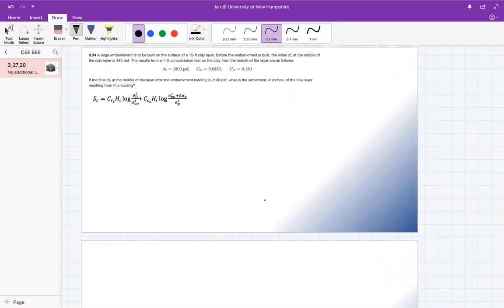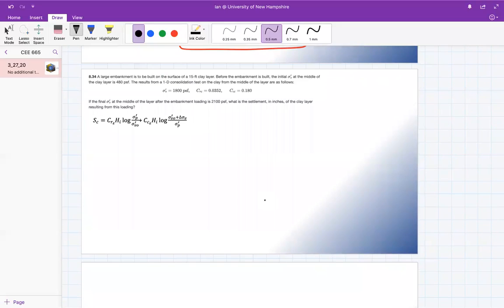So now we're going to do a little bit more settlement calculations. So we have a large embankment to be built on the surface of a 15-foot clay layer. Before the embankment is built, the initial effective vertical stress at the middle of the clay layer is 480 psf.